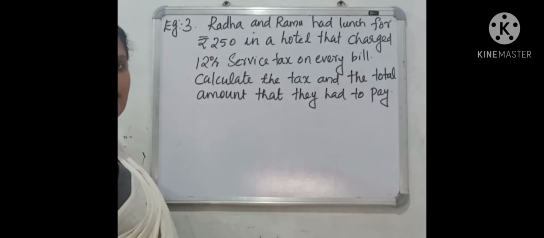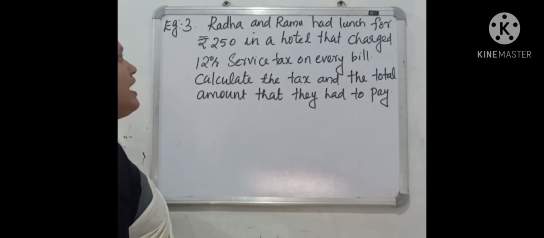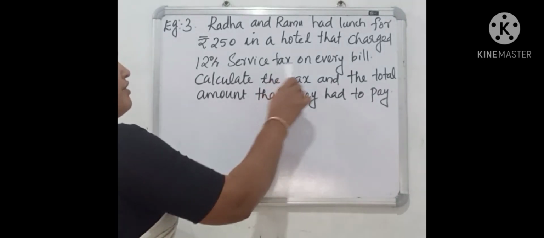Okay. Example 3. Radha and Ramu had lunch for rupees 250 in a hotel that charged 12% service tax on every bill.